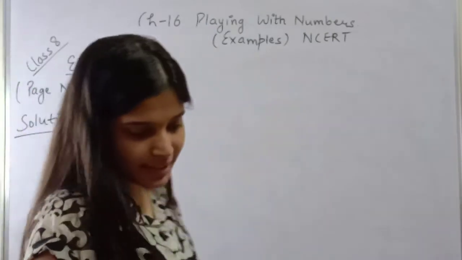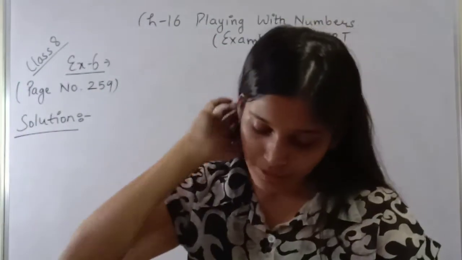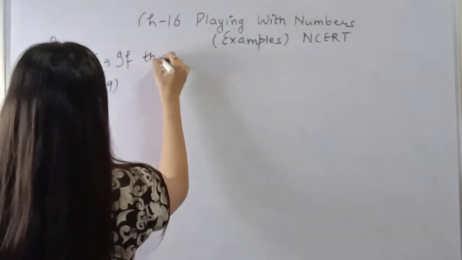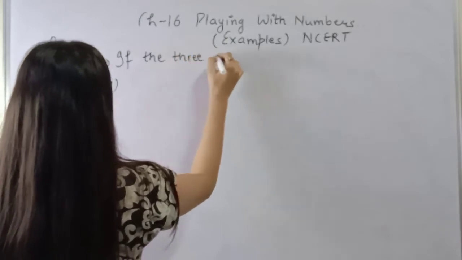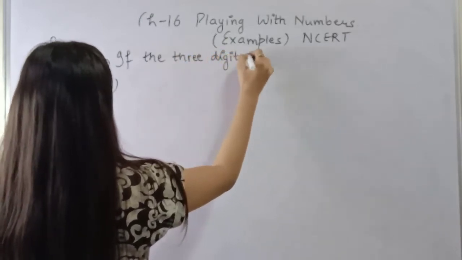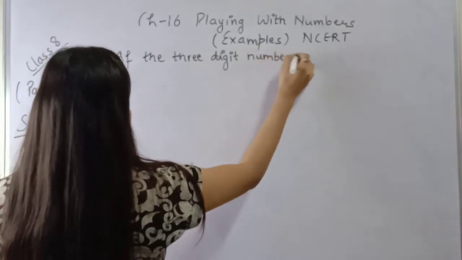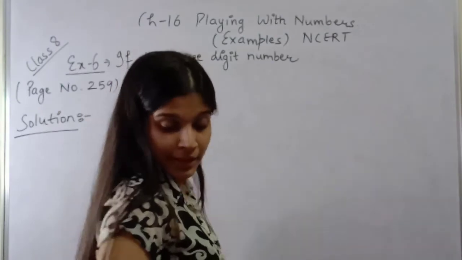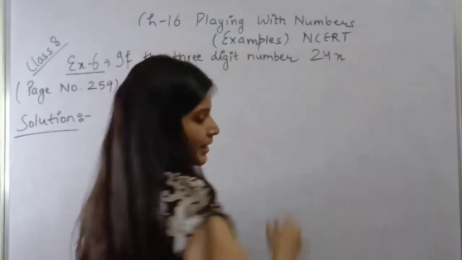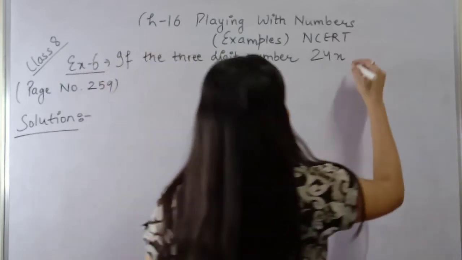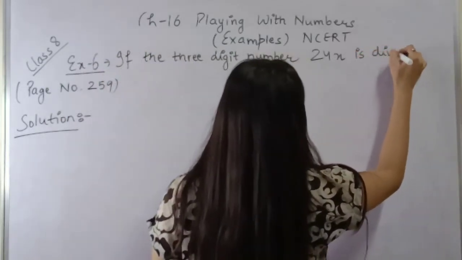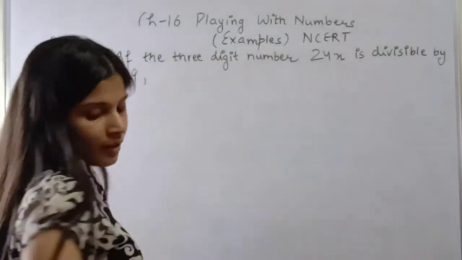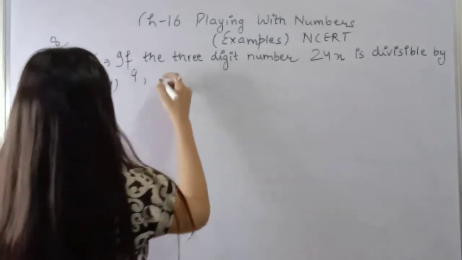So example number 6 says, if the three-digit number 24x is divisible by 9, what is the value of x?